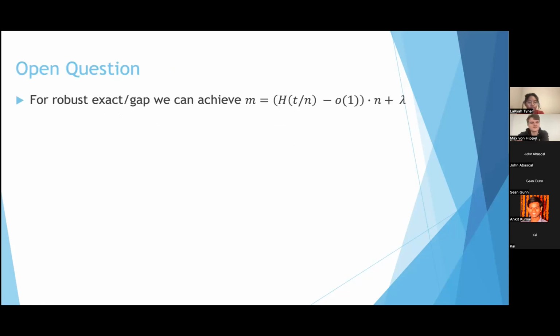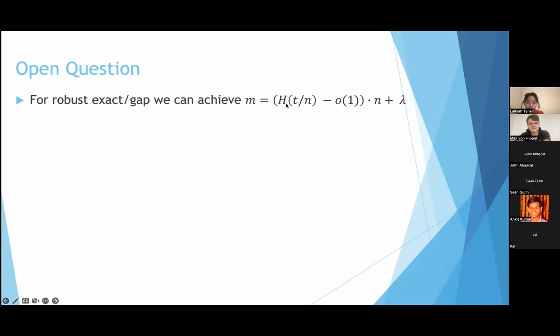Okay, and so the open question that I would like to leave you with is, in our work, we define a lower bound for our constructions in the robust setting for exact Hamming and gap Hamming for our output size, and we say that we can achieve an output size of m equals this binary entropy function minus little o of 1 times n plus lambda.